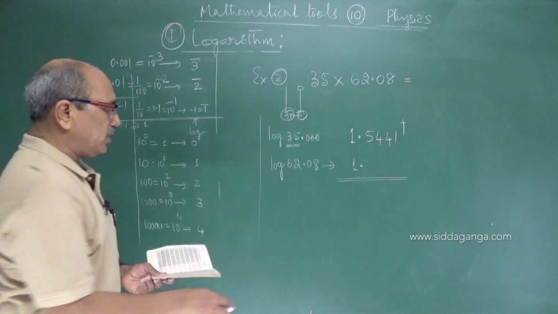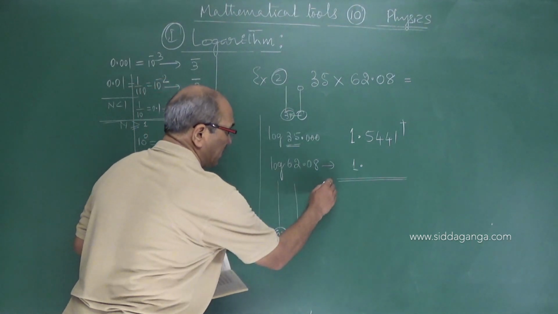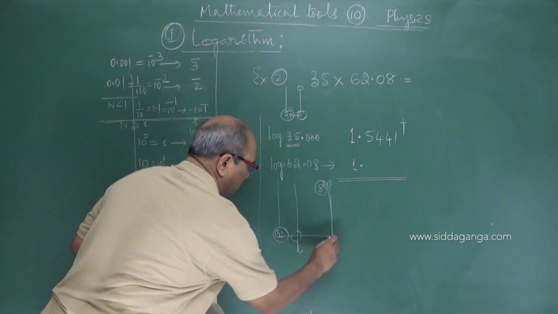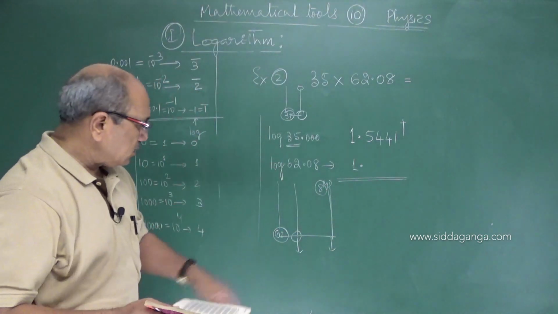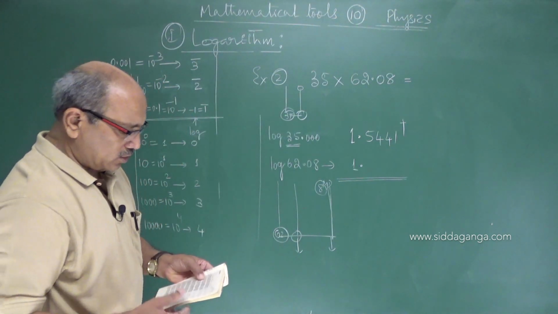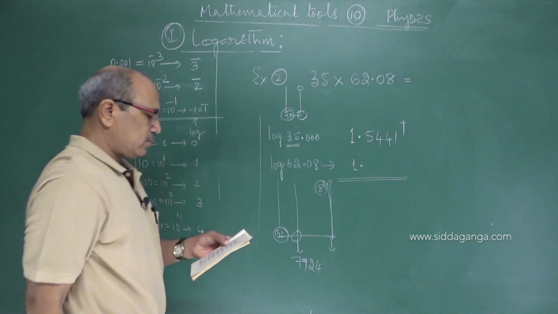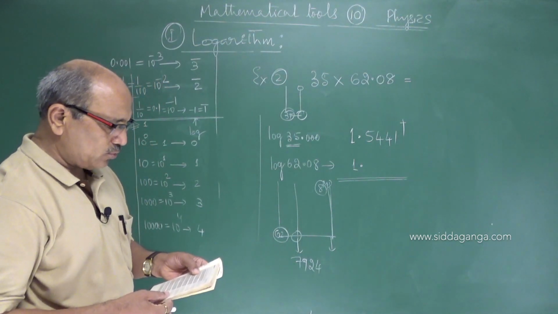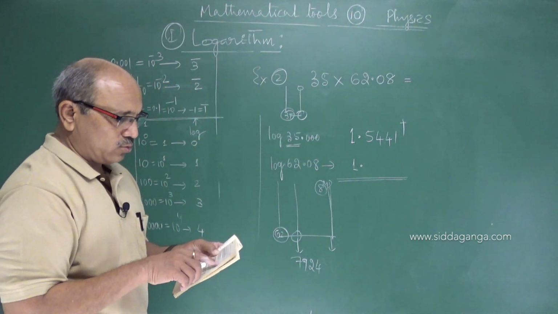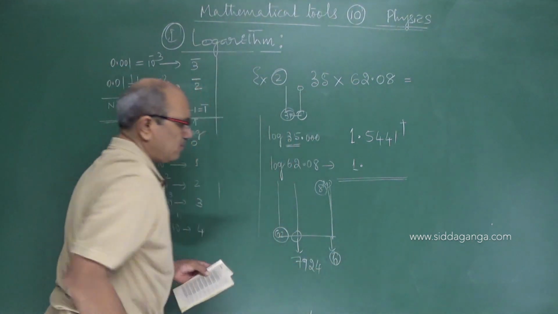For 6208, I come down to 62 and the 0th column and the mean difference column 8. So I get 2 digits here in the logbook, 620. When you come to 620, you will get 7924. And this 8 mean difference, if you go along that row, you can read it as 6. Here 6 is written.